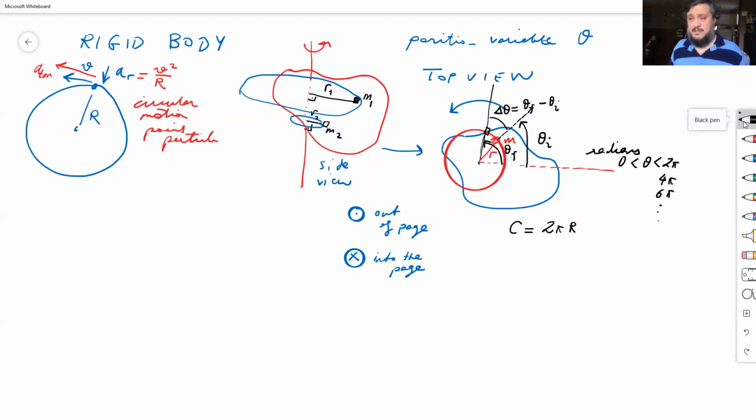But if you're talking about a portion of that circumference, which is an arc length, in this case, that will be delta theta, which is the angle that corresponds to that arc length. If you multiply it by a circle of radius r, that gives you an arc length, which I can name delta s.